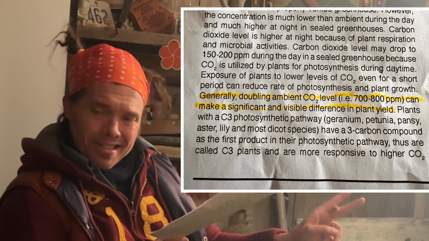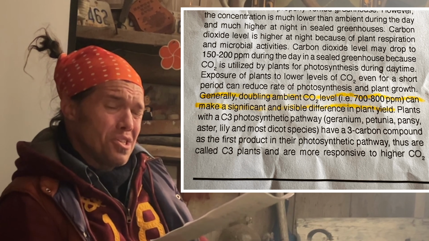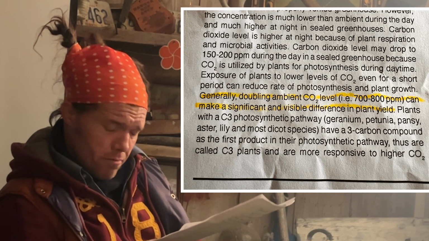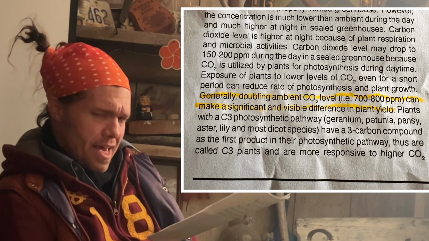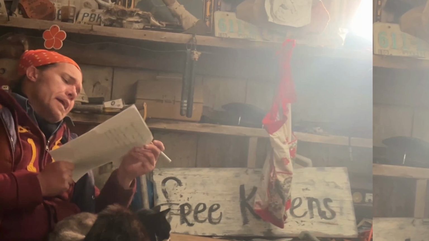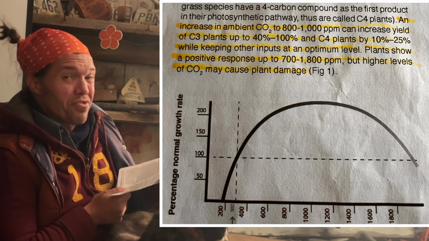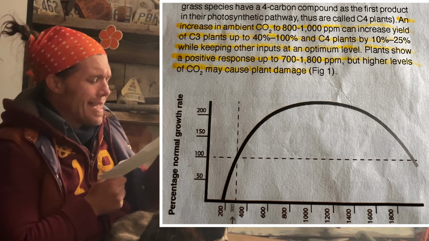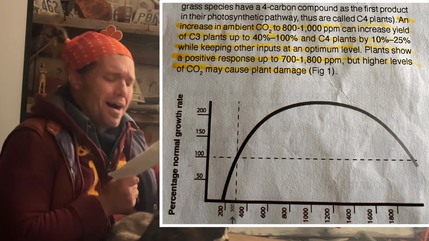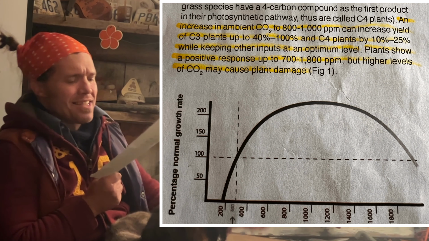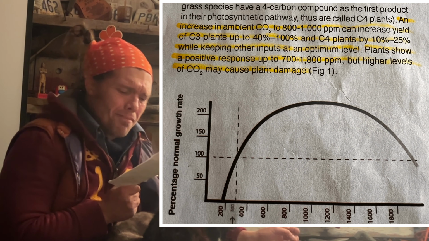Generally, doubling ambient CO2 level to, i.e., 700 to 800 parts per million, can make a significant and visible difference in plant yields. An increase in ambient CO2 to 800 to 1,000 parts per million can increase yield in C3 plants up to 40 to 100% and C4 plants by 10 to 25% while keeping other inputs at optimum level.